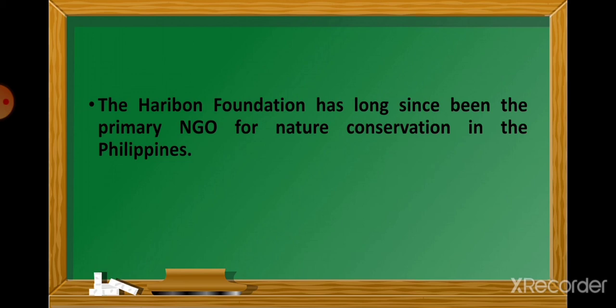It was founded in 1972, and its main vision is to transform everyone into biodiversity champions, and its mission is to advocate biodiversity conservation through building constituencies, empowering communities, and applying multidisciplinary research. The inspiration for the name was derived from the Philippine eagle or Haring Ibon, which directly translates into King Eagle in English.